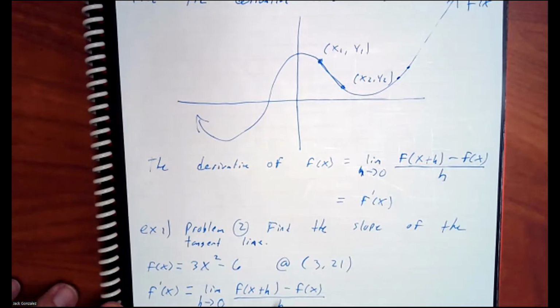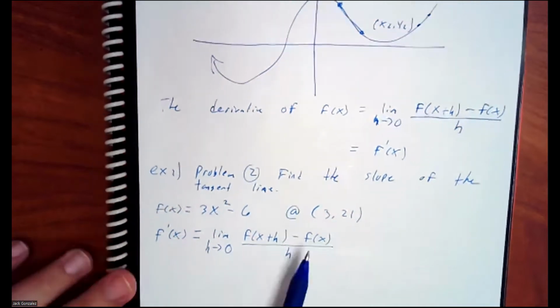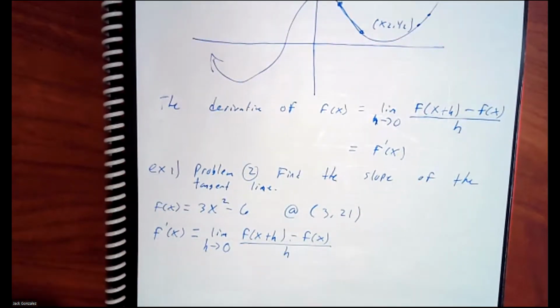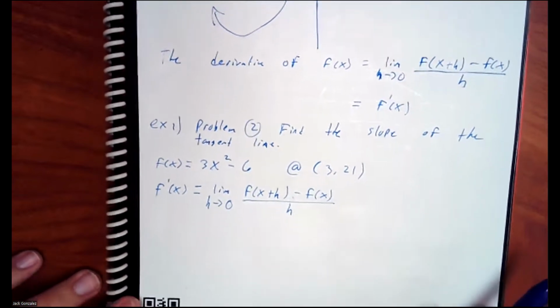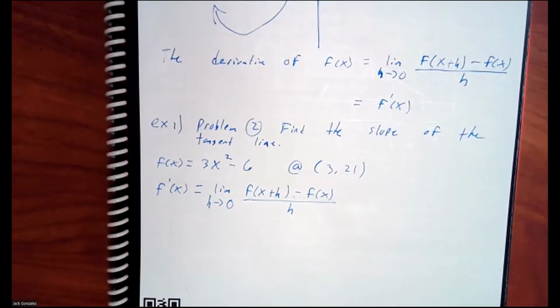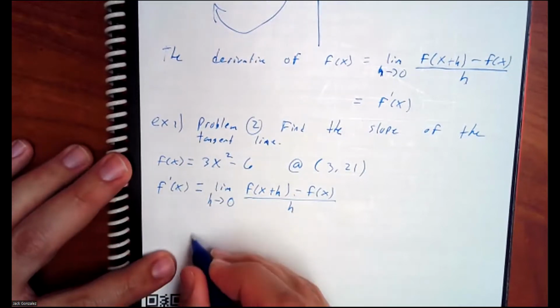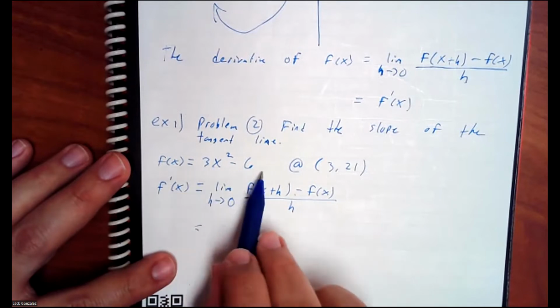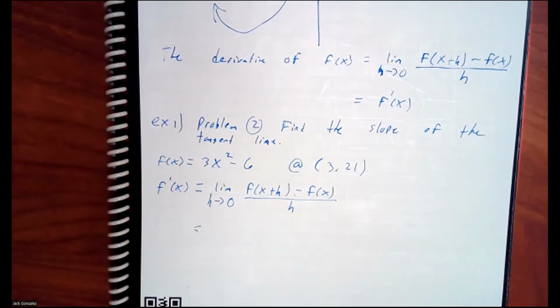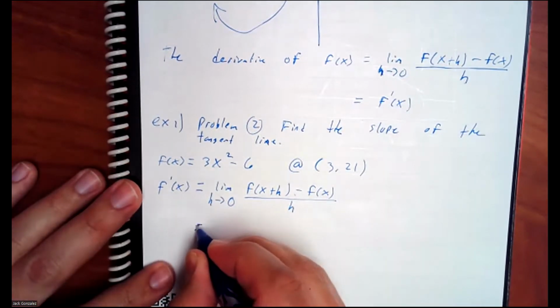This should look familiar. Remember doing this at some point, a long time ago? So let's plug in x plus h, subtract the original, and then divide by h, see what happens, and then the final step, take the limit. We can't take the limit at the beginning because it will cause division by 0.